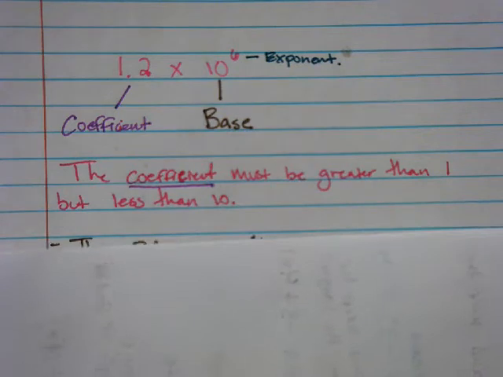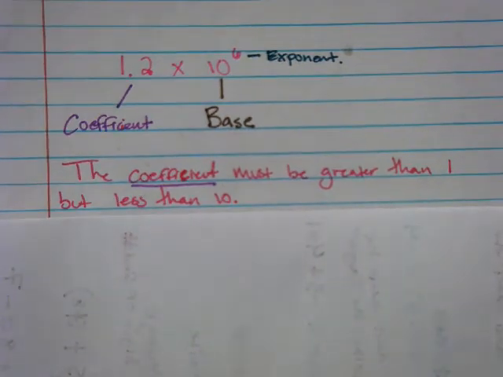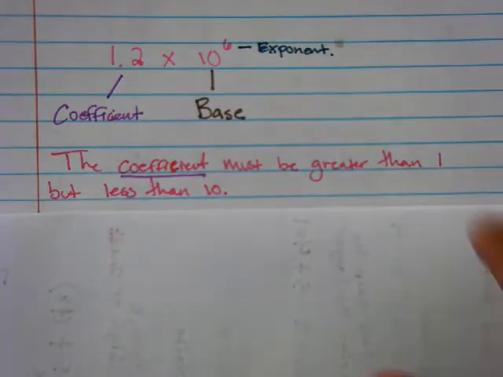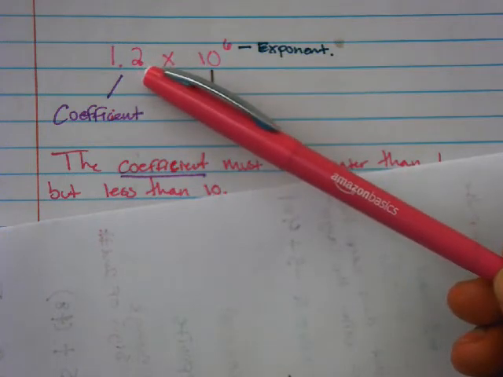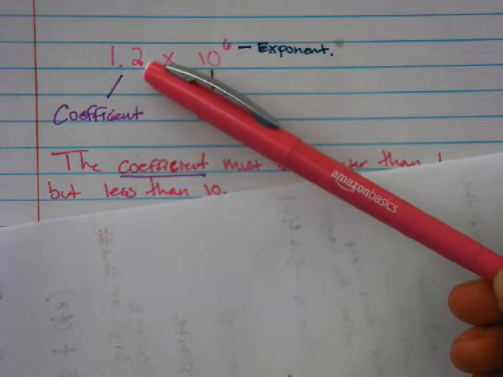And so the coefficient must always be greater than 1, but less than 10. So this 1.2 had to be greater than 1, which it is, and it had to be less than 10.